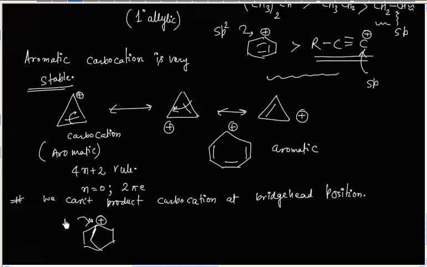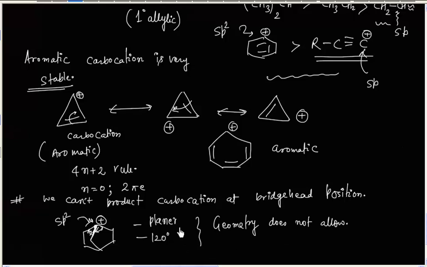This is sp2 hybridized, this means shape is planar and angle is 120 degree. But the geometry at bridgehead does not allow to have a bond angle of 120 degree, and planar, it cannot be planar. So geometry does not allow planarity as well as angle 120 degree. Both is not allowed in this case.